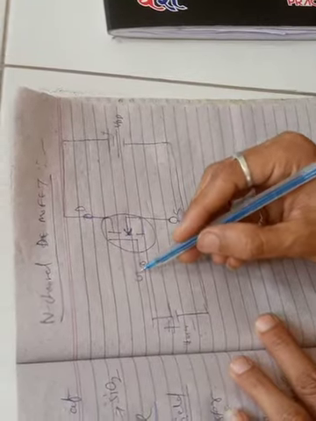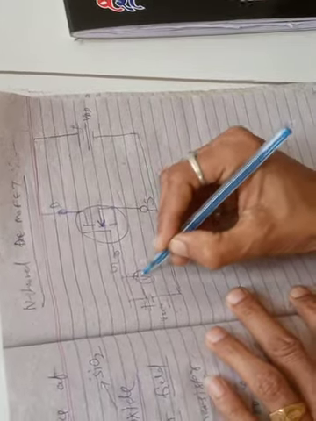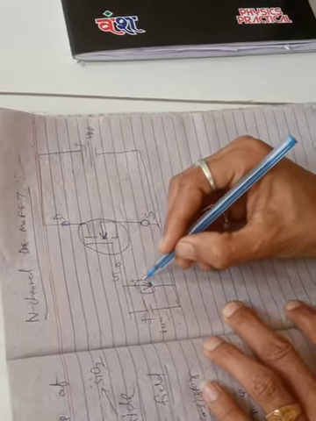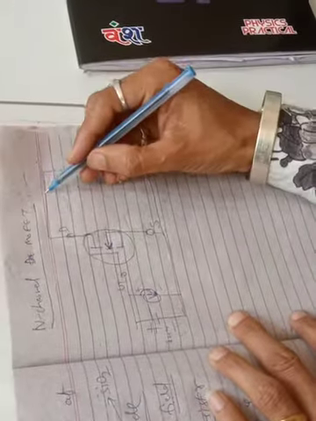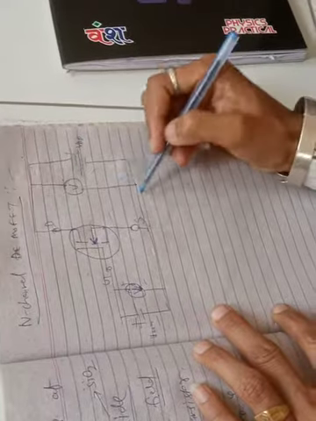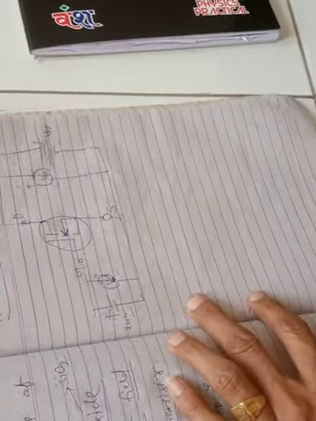Now to find out the voltage between gate and source, we connect a voltmeter. That will show you the reading of gate to source voltage, VGS. And here also a voltmeter is connected in between drain and source, and it will show you the drain to source voltage, that is VDS.